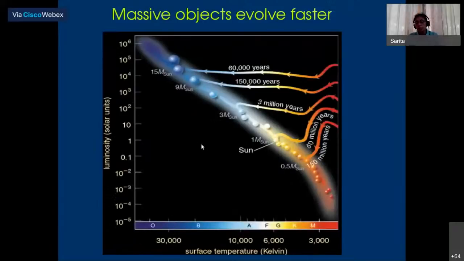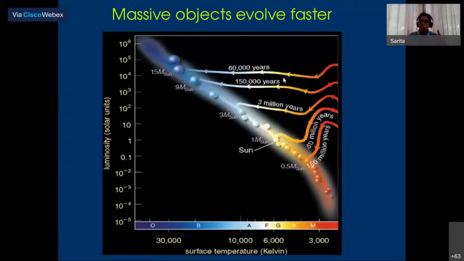Now, objects of different masses form stars of different masses, and it so happens that if you are forming massive stars, then the whole pre-main sequence collapse happens on much faster time scales. Why? Because there's a lot of mass involved. So it undergoes the collapse and other processes on a much faster time scale compared to low mass stars.